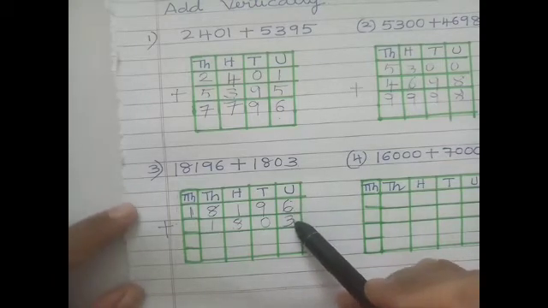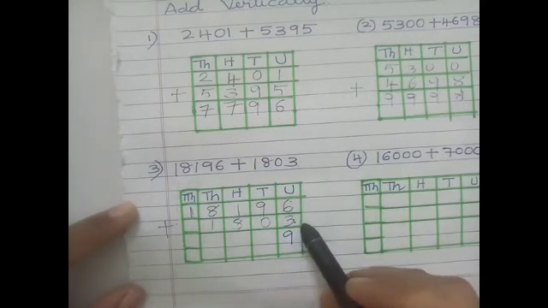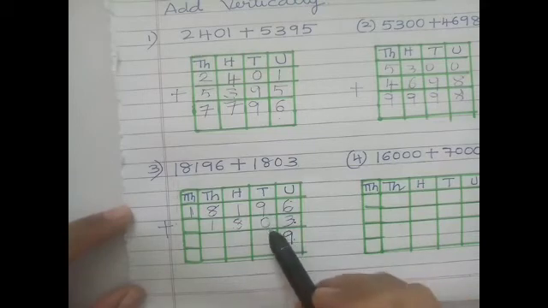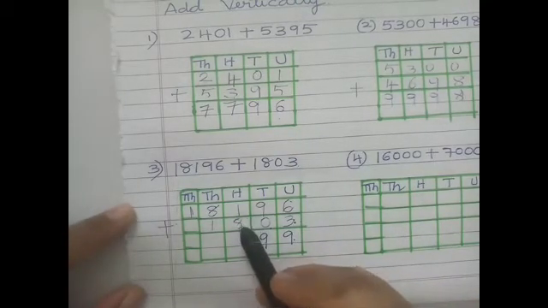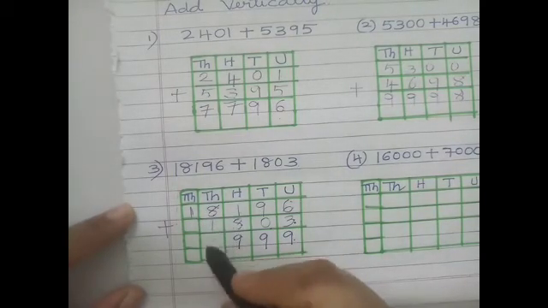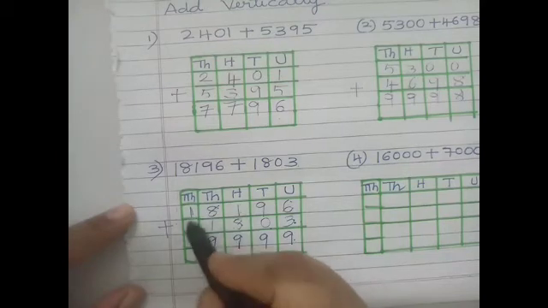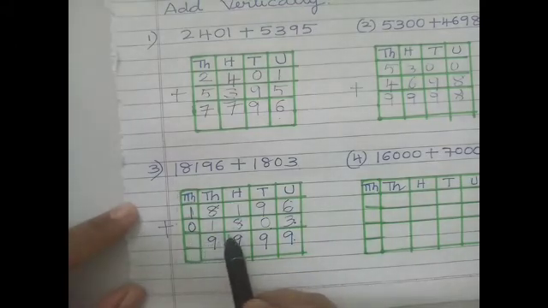6 plus 3 means 9. 6, 7, 8, 9. 9 plus 0 is 9. 1 plus 8 is 9. And 8 plus 1 is 9. Here we have 1 and no digit in the 10,000s place in the second number.